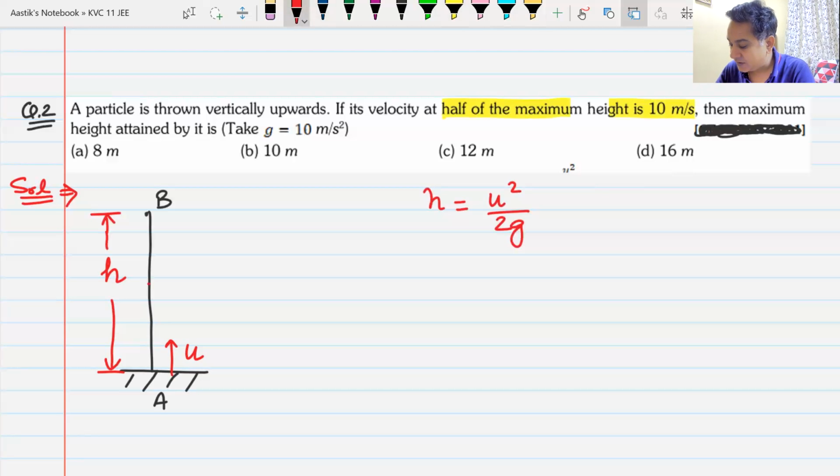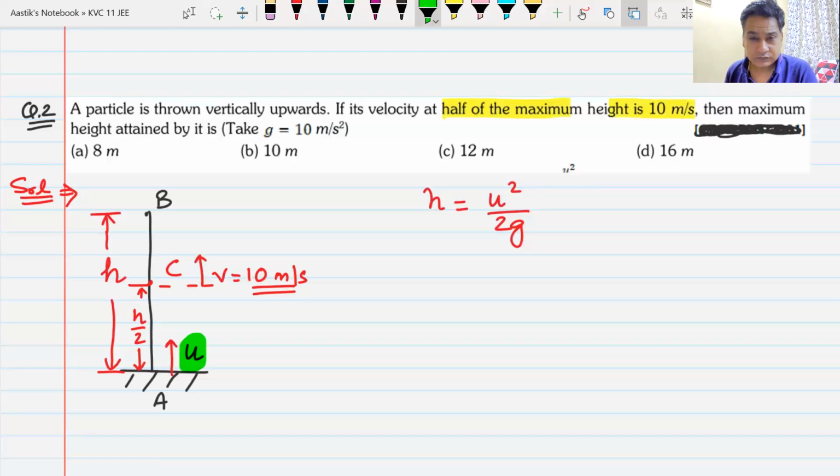So I make a point, let us say C. The height from A to C is given as h by 2. And I'm given that the velocity at point C, looking at the upward journey, v, is 10 meter per second. With this data, I must be able to find out the value of u. How am I going to find out the value of u from this data?